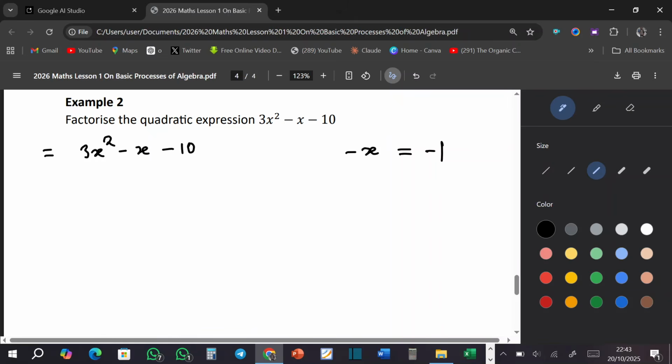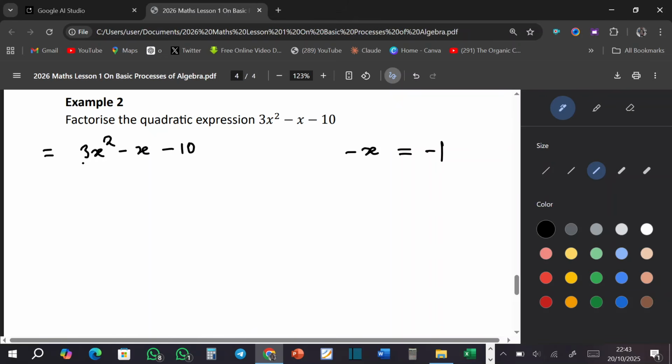So what are those? Oh, sorry. Actually, before you do that, first of all, to find the product, this 3 must be multiplied with this 10 here to make it 30.